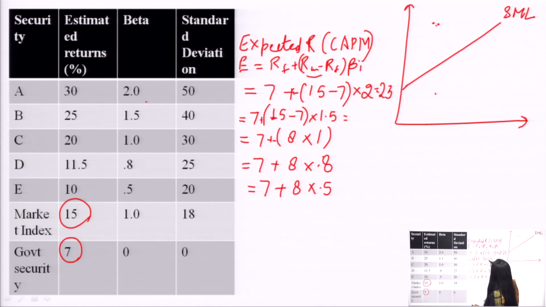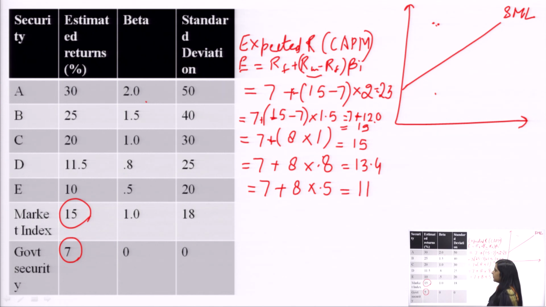So, if we multiply this, we will get 19. Here we will get 7 plus 8, we will get 15. Here we will get 7 plus 6.4, so it will be 13.4. Here it will be 7 plus 4, it will be equal to 11.